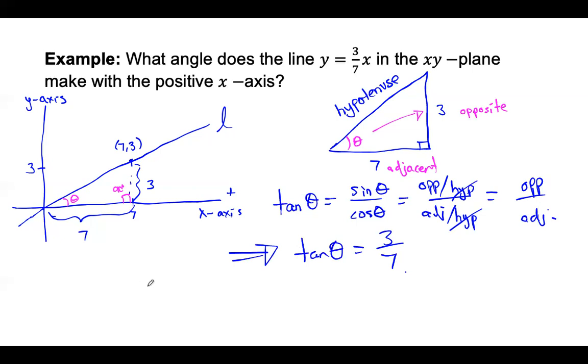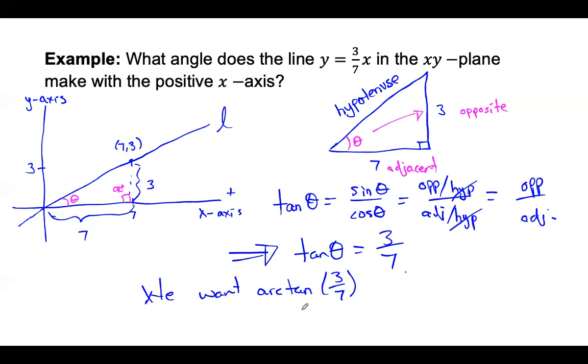Then we use our calculators because we want the arctan, or inverse tan, same thing, of 3/7.